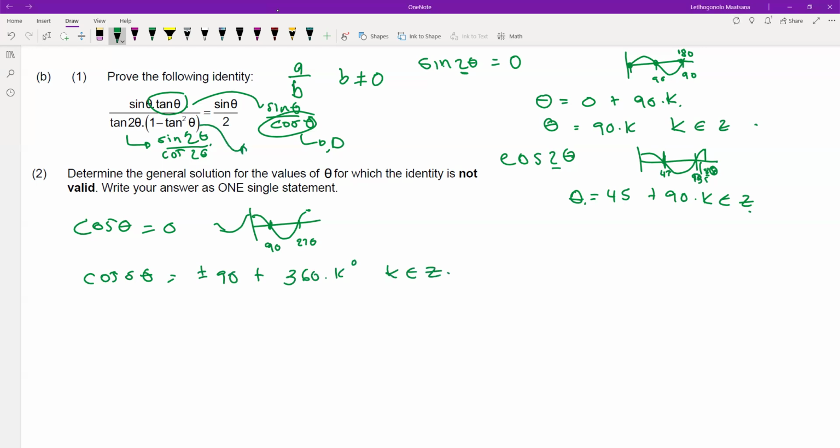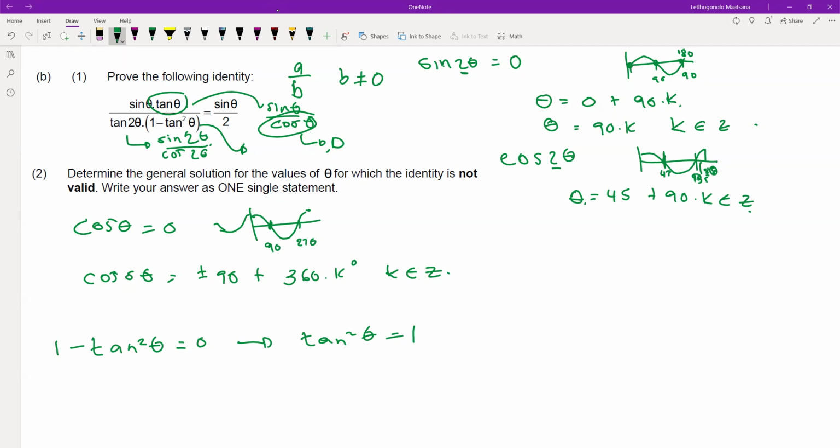Then the last thing we'll look at is this one over here, which is 1 minus tan squared theta equal to 0. We can change that to say tan squared theta is equal to 1.